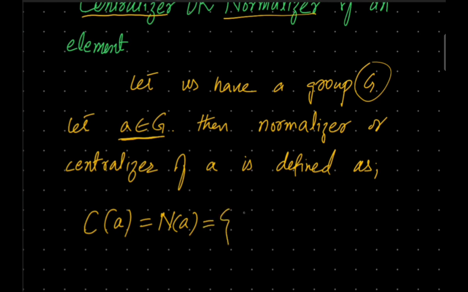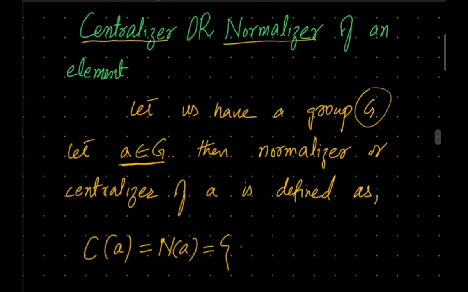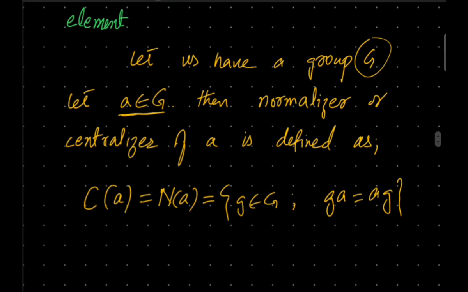It is defined as the set of those elements of G which are permutable with a: ga = ag. Those elements of G which commute with a. So the set of those elements of G is called the centralizer or normalizer of that element in G.